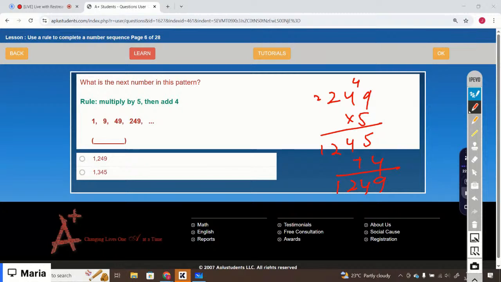Option number 1 is the correct option. That is 1249.